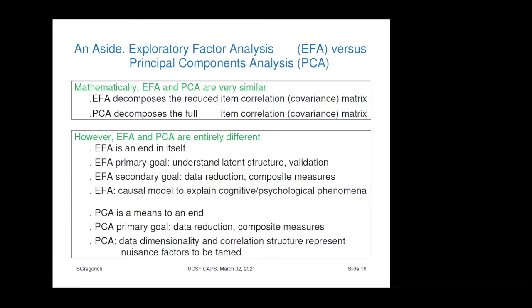You're just trying to get hundreds of variables down to a smaller set of covariates that you could include in an analysis or something like that. So PCA is more often dealing with your high dimensional data as a nuisance factor to be tamed.